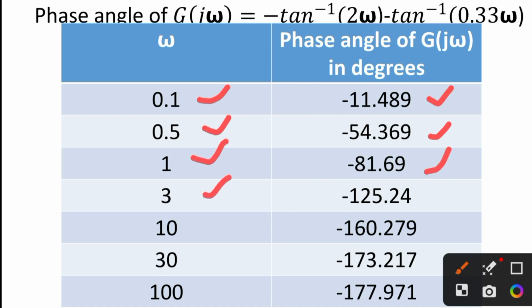For 3, minus 125.24. For 10, it is minus 160.279. For 30, it is minus 173.217. And for 100, we are getting the phase angle of minus 177.971.